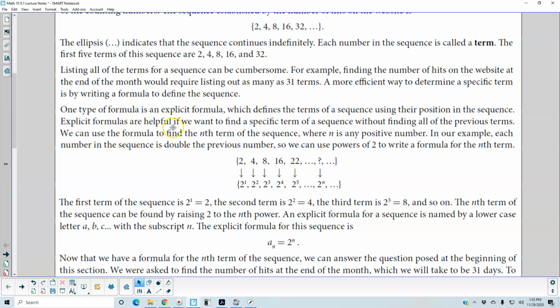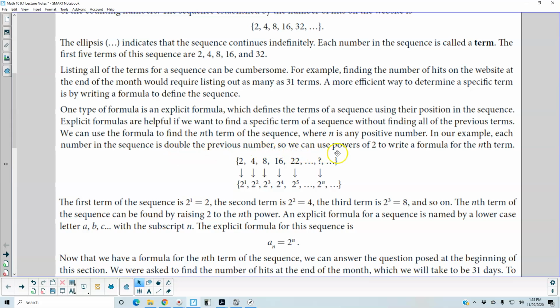Explicit formulas are helpful if we want to find a specific term of a sequence without finding all of the previous terms. We can use the formula to find the nth term of the sequence, where n is any positive number.